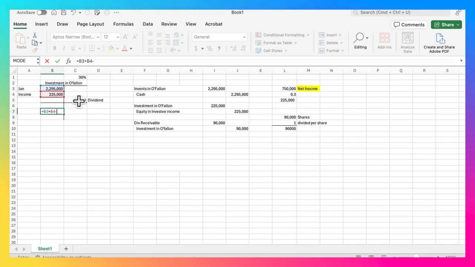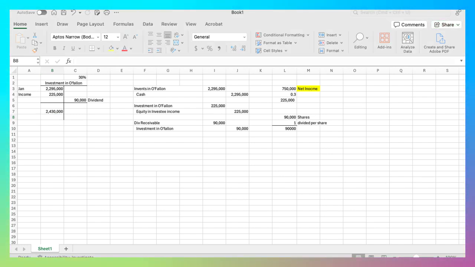Then we're going to subtract out the dividends. We end up with $2.43 million. So in that case, the answer is B, $2,430,000.